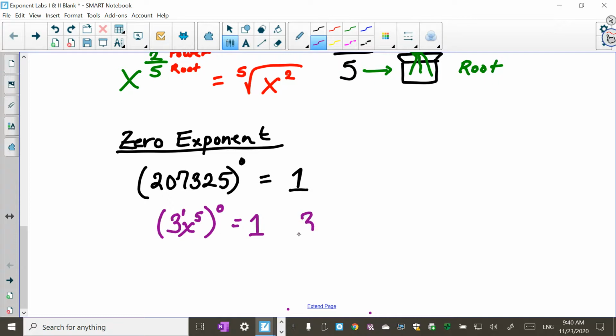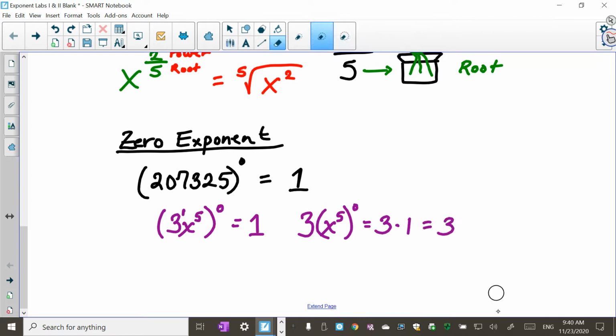But watch if I write it like this. If I write it like that, where I only put the parentheses and raised to the 0 power, the only thing raised to the 0 power is that x to the 5th. So this is the same as saying 3 times 1, or 3. So you have to be careful what is being raised to the 0 power.